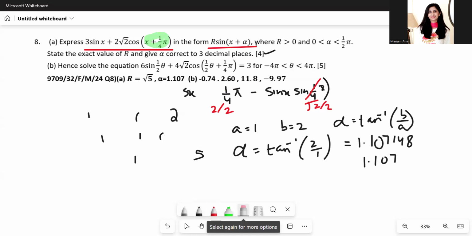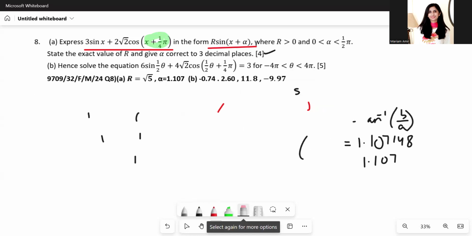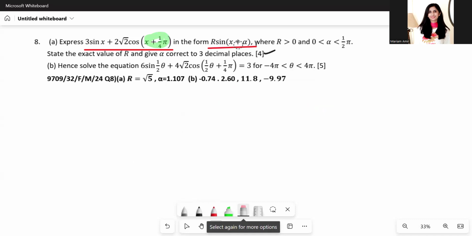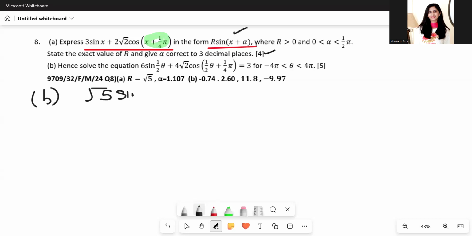In part B, I'm going to first write R and alpha in the form of this. So R came out to be under root 5 and sine x plus alpha came out to be 1.107.